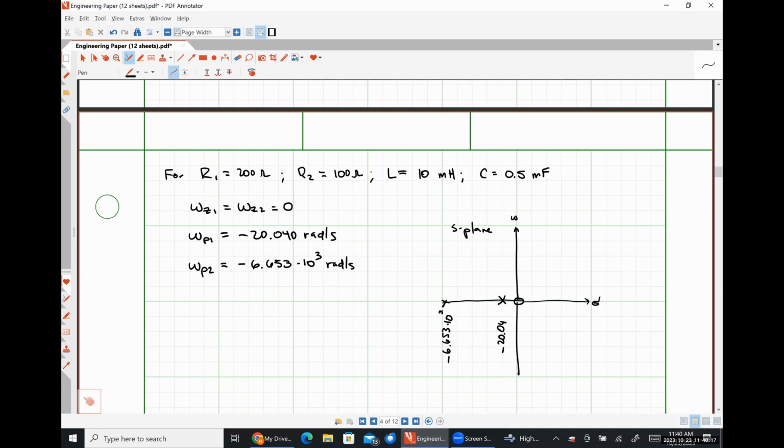So we can see that both of our poles are on what we call the left-hand plane. We don't have anything going on our vertical axis, and we have nothing going on in our right-hand plane whatsoever. So this particular type of system would be called a stable system.